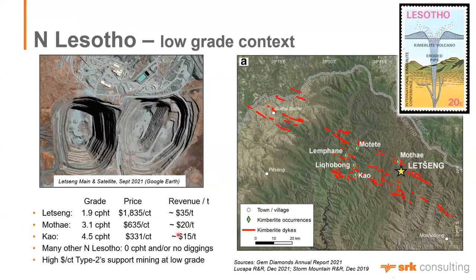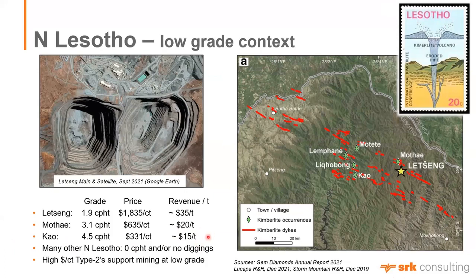At Mothae, the revenue is about $20 a ton. And as of yesterday, I got some numbers for Kao, roughly 4.5 carats per 100 tons at $331 a carat. They are sustaining themselves as potentially a marginal operation, but doing so by paying attention to their geology at a revenue of only $15 a ton.